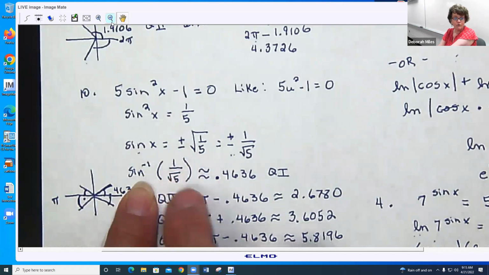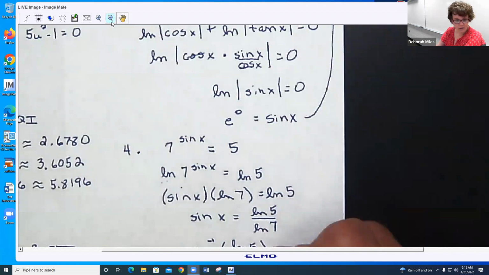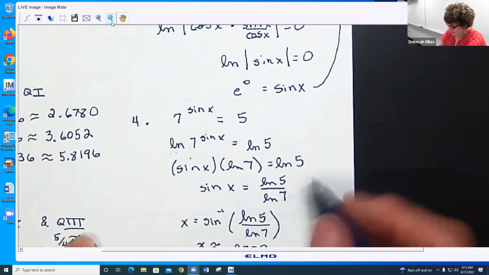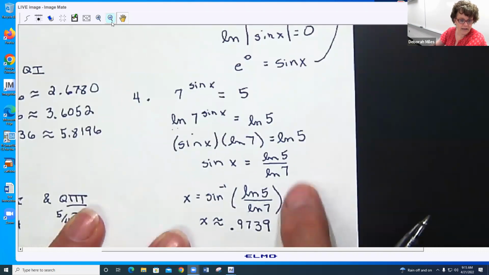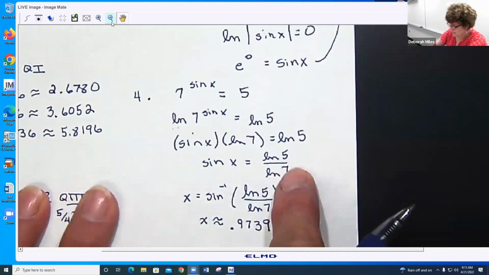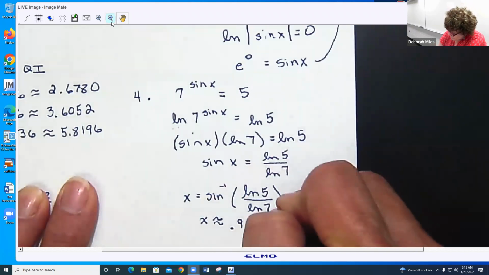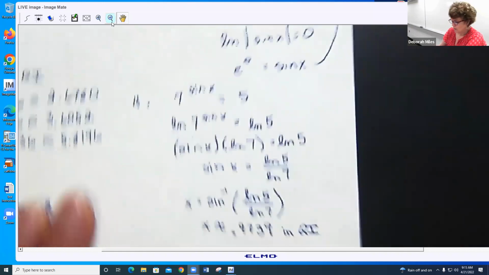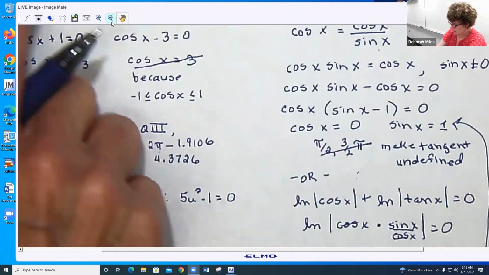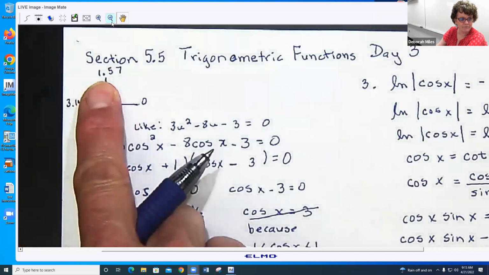There actually are 4 angles if we include the plus or minus. This natural log of 5 over natural log of 7 is positive. You can punch it on the calculator by itself and see that it's positive. It's between -1 and 1. So this is my first quadrant angle, because it's between 0 and 1.5.